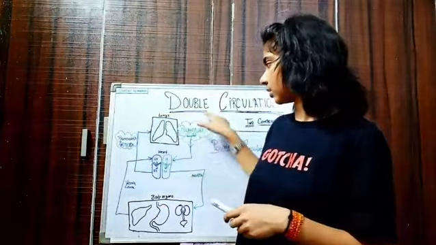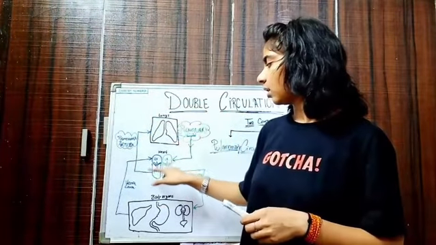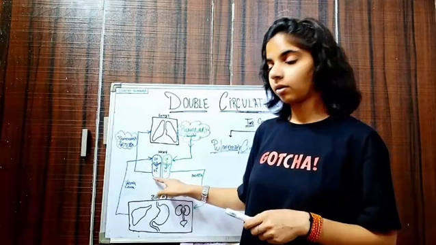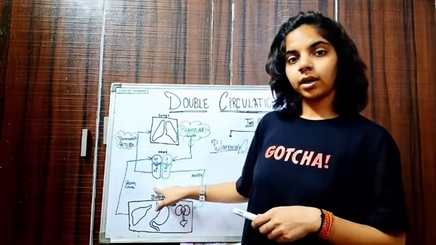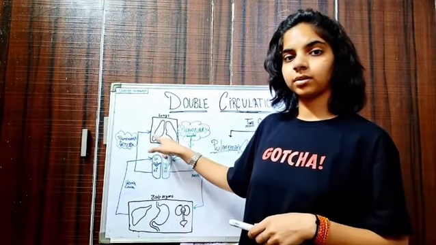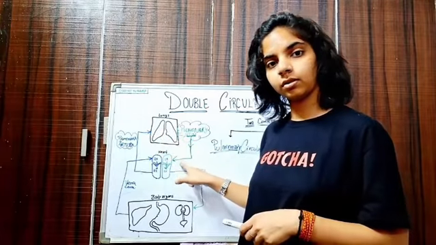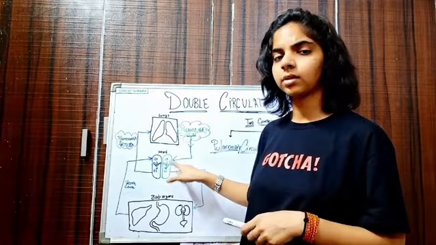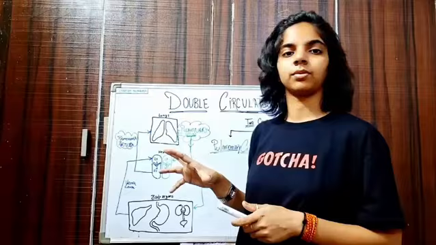So this path, where the blood goes from the right ventricle, that is from the heart, to the lungs, and then again from the lungs to the heart, is pulmonary circulation.